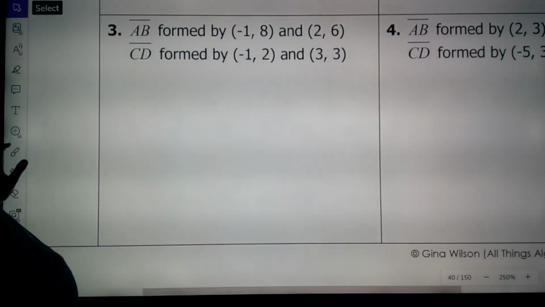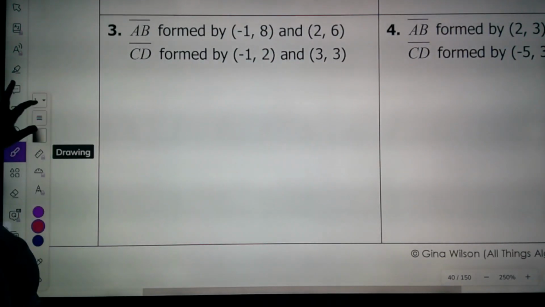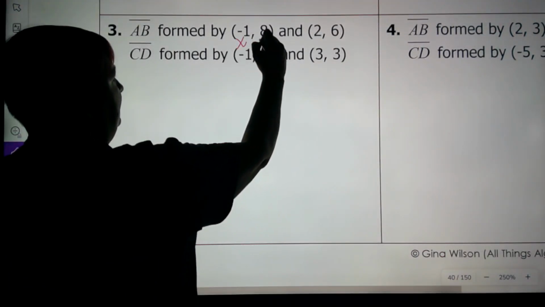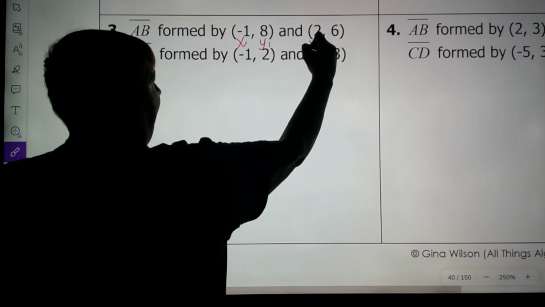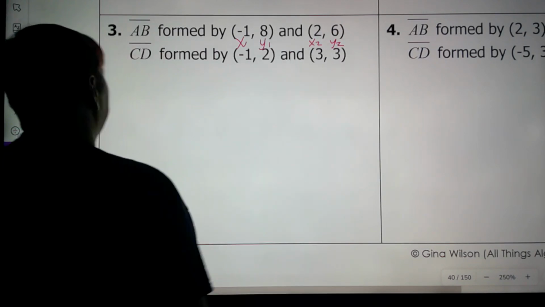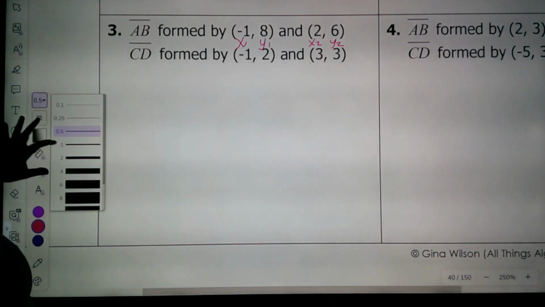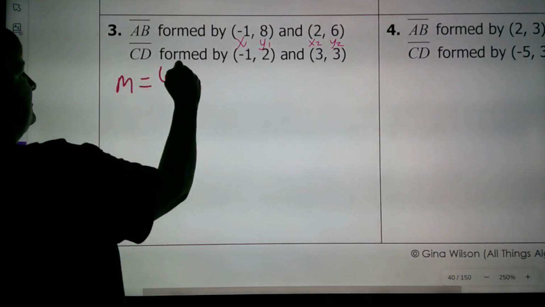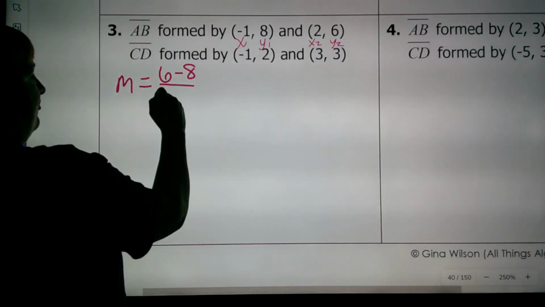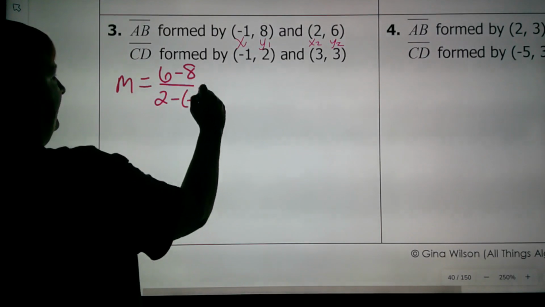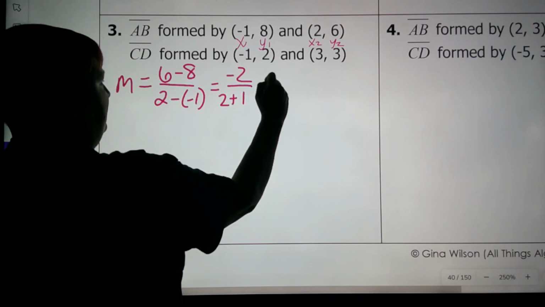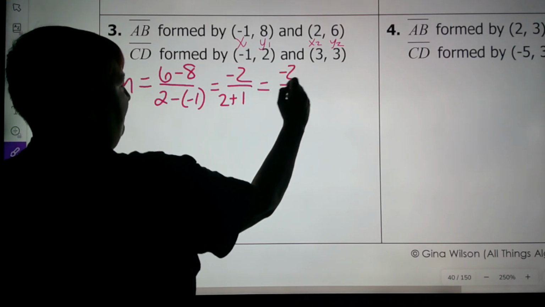All right? Number 3, let's do it again. x1, y1, x2, y2. I like it bigger. M equals 6 minus 8 over 2 minus a negative 1, which is negative 2 over 2 plus 1, which is negative 2 over 3.